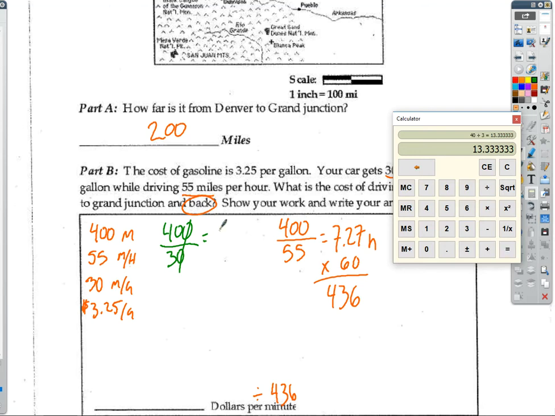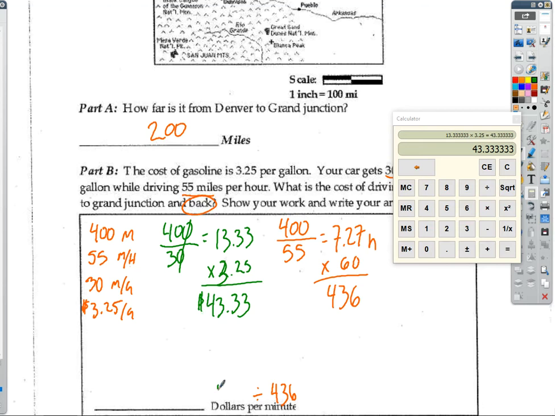So yeah, look at that. 13 1/3 gallons. Well, each gallon is $3.25. So I'm going to multiply that to figure out my total cost. And I get $43.33.